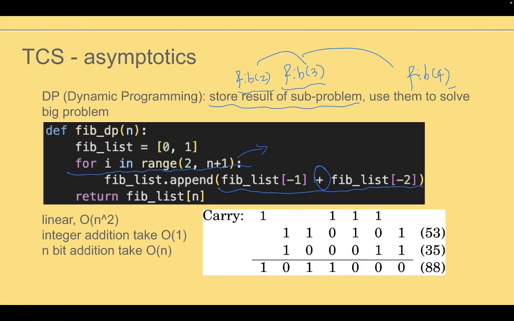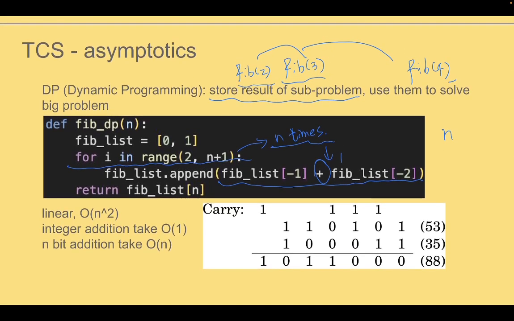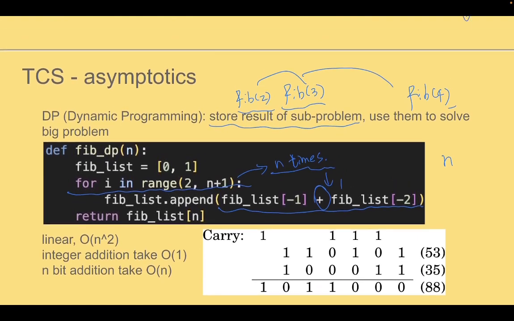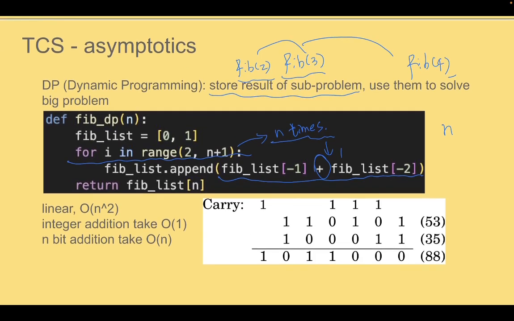We run it n times, right? And for n times there's one computer step, so it seems like there are n computer steps in total. But this is not accurate, right? Because we know that the Fibonacci sequence grows exponentially, and it will become very, very large very soon, right?